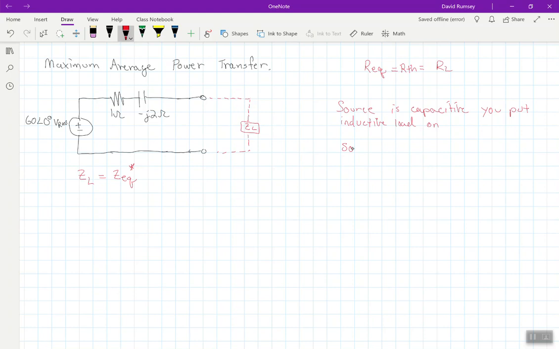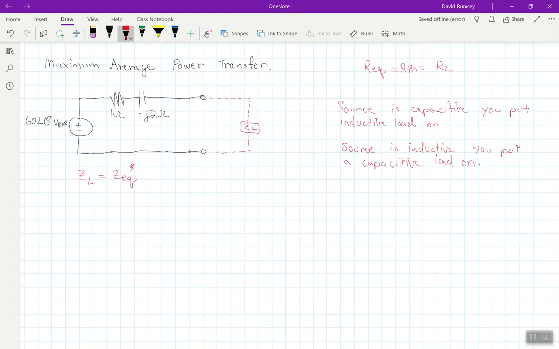You can also think of the opposite: if the source is inductive, you put a capacitive load on. Now, the reason for this, we'll see in a second. I think it will be very clear once we go through this.